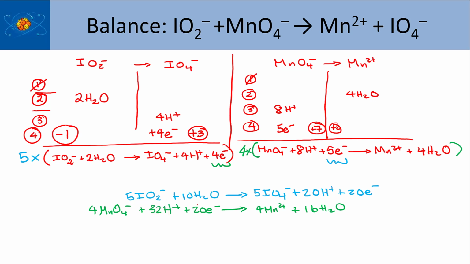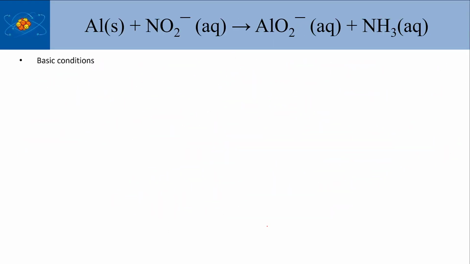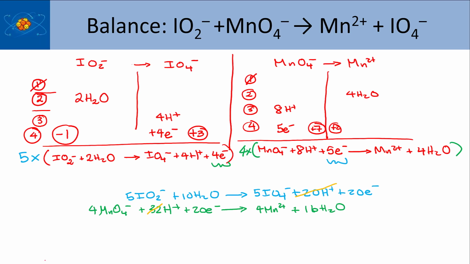So I get to cancel all 20 of these out and then cancel 20 here, so that leaves me with 12 hydrogens. Keep doing that.